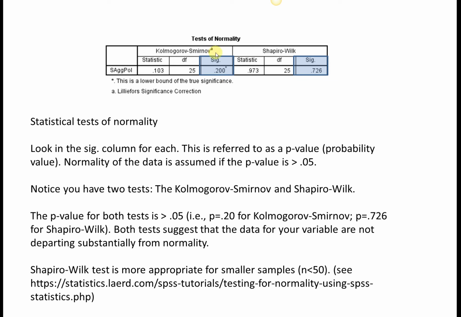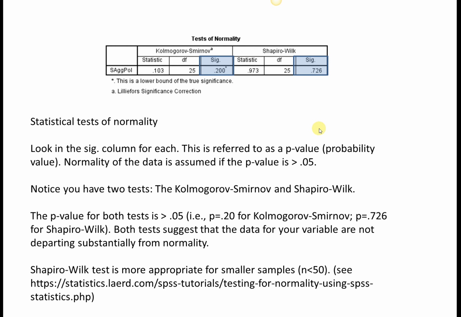The common threshold for judging whether we can assume our data are normal is if the p-value given right here in the Sig column is greater than 0.05. If it is greater than 0.05 for that particular test, then that would suggest that our data are following normality. We have two tests, the Kolmogorov-Smirnov and Shapiro-Wilk tests, and basically the Shapiro-Wilk is probably better suited for smaller samples with n's less than 50.